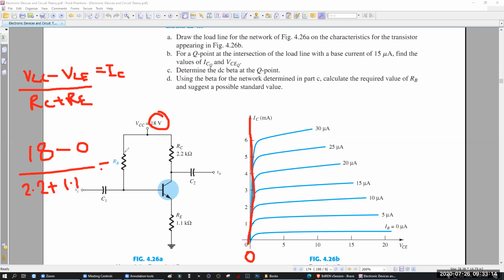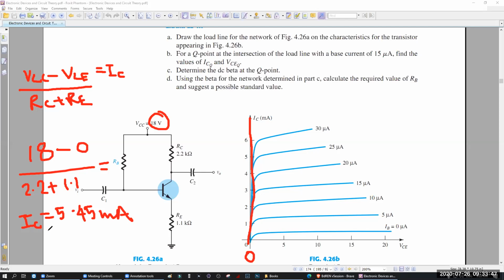Now what is the value of IC? If you calculate everything, 18 divided by 2.2 plus 1.1, the value is 5.45 milliampere. Okay, so that is the value when your VCE is equal to 0.